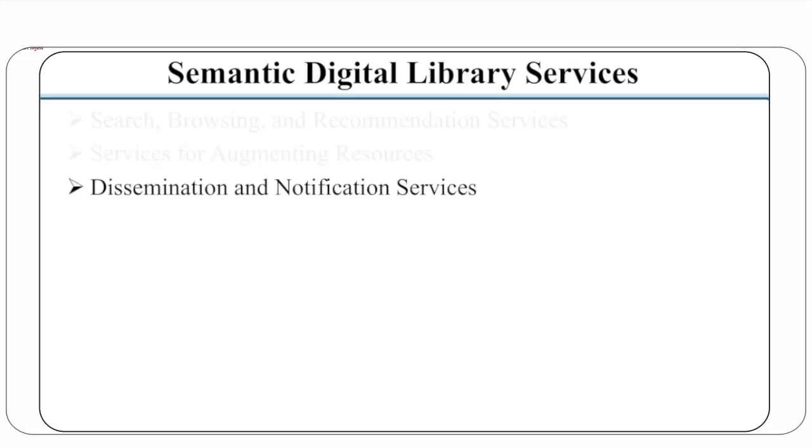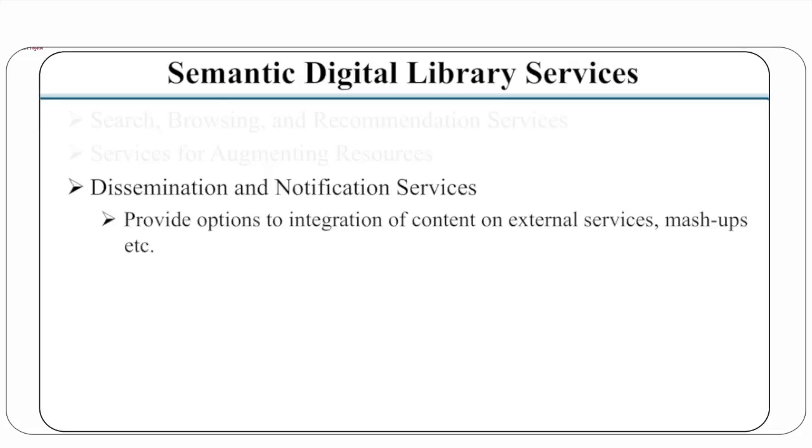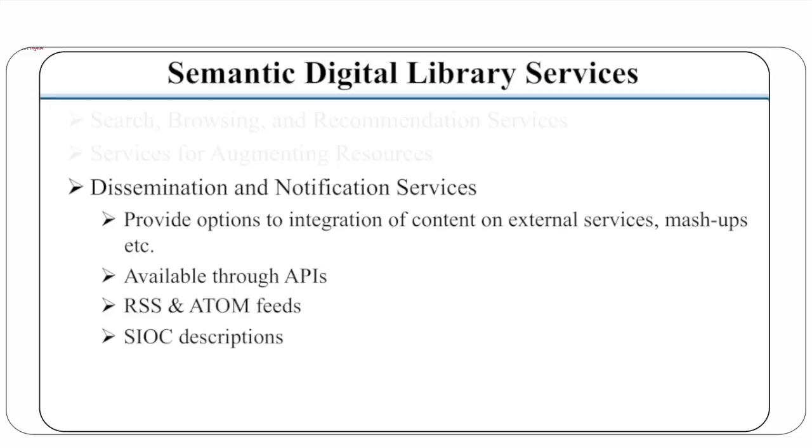Semantic digital libraries should enable the users to access the metadata in any format and through any services. The users should be able to access the content's metadata by constructing mashups of services and content. These metadata should be provided through APIs as customizable RSS and ATOM feeds, SIOC, which stands for Semantically Interlinked Online Communities, descriptions, RDF graphs, and in JSON format.